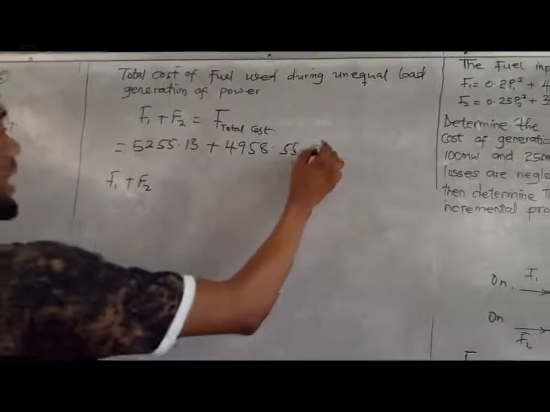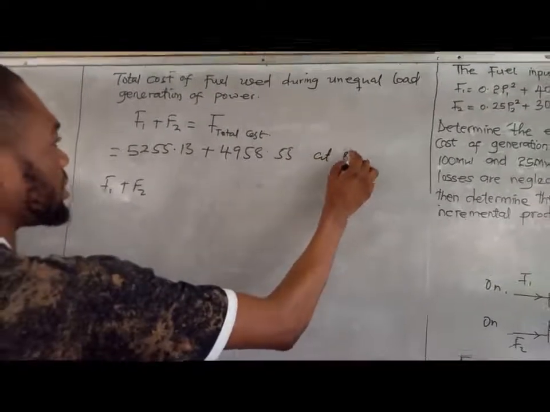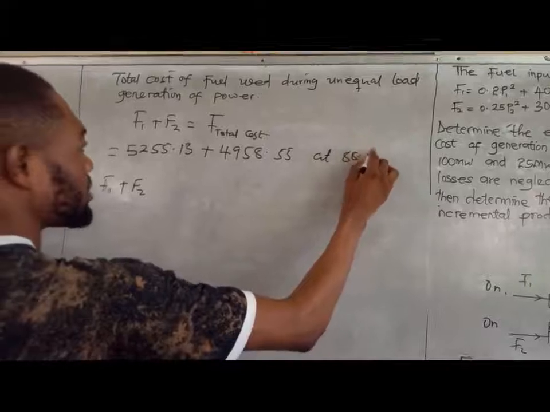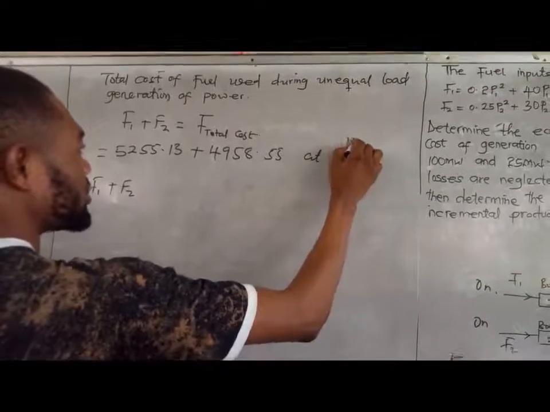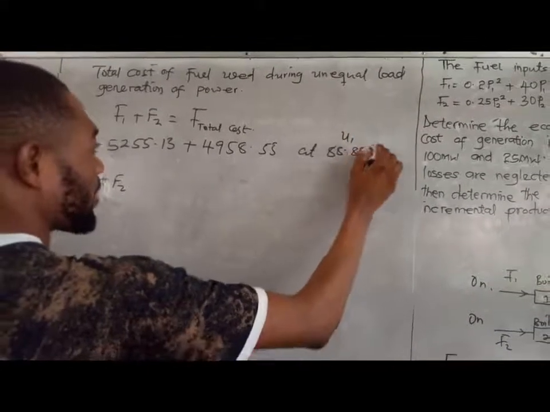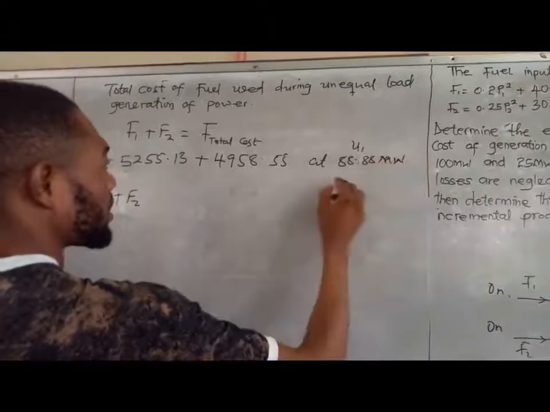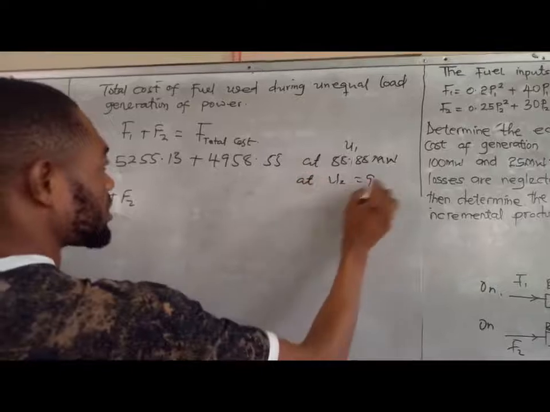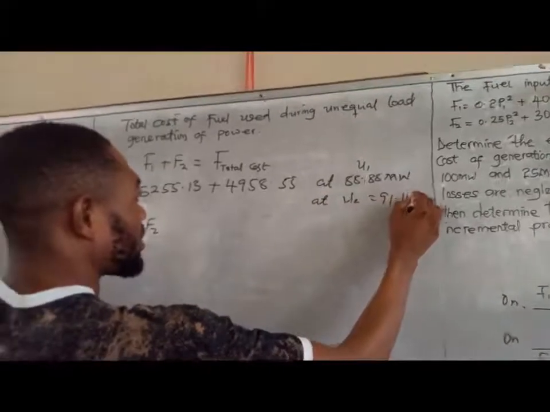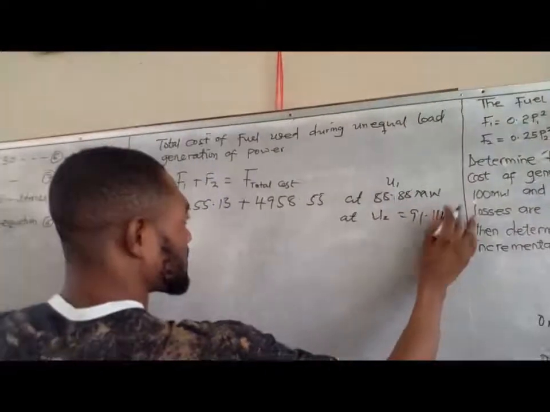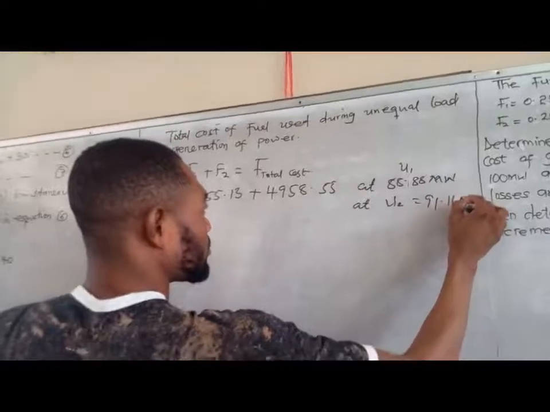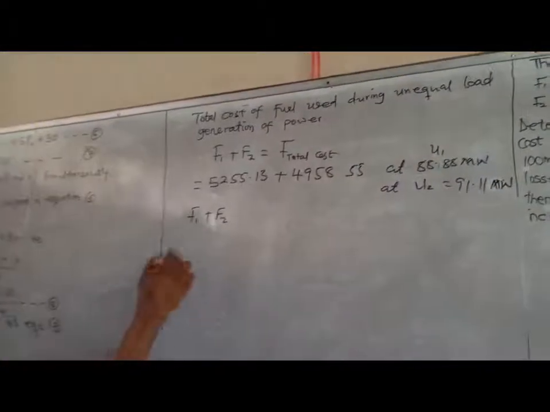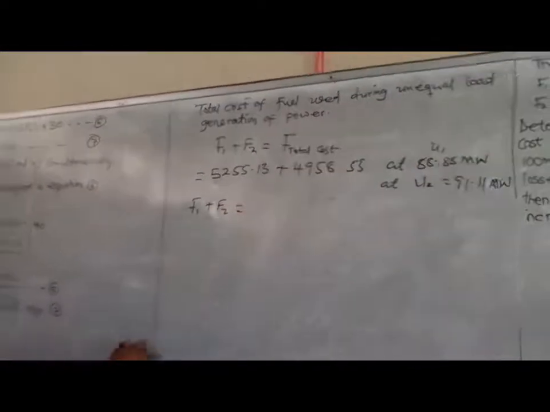This load is at 88.8 megawatts for unit 1 and unit 2 at 91.1 megawatts. So let's see what the total value gives us.